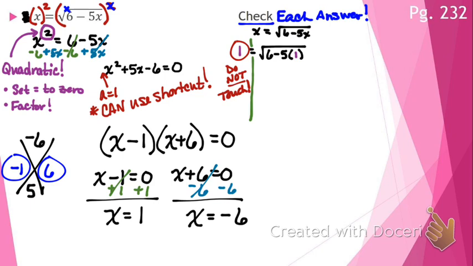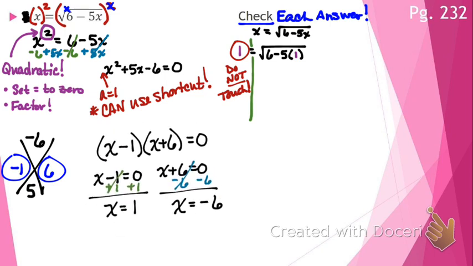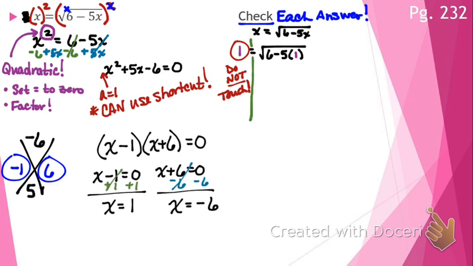If I can't touch the 1 that's over there on the left, I can do 5 times 1 on the right. What is 5 times 1? 5. Okay. So I'm going to have the square root of 6 minus 5. What's 6 minus 5? 1. And what is the square root of 1? 1. What did we have on the other side? We had a 1 on the other side.